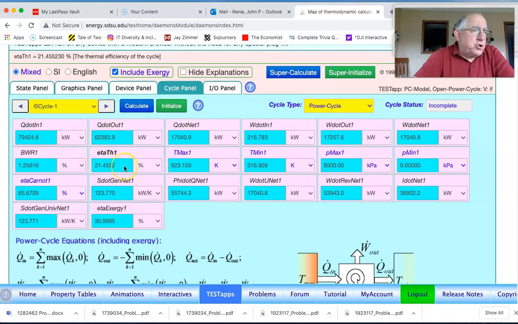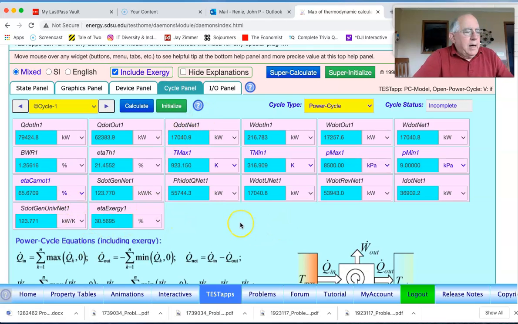And so the strict definition of the thermal efficiency is 21.45%. But as we saw before, when we had a cogeneration type of plant where the process heater is generating some heat that we're using, our numerator of our thermal efficiency would be modified with that additional heat transfer term.